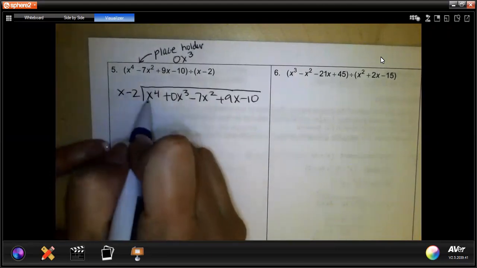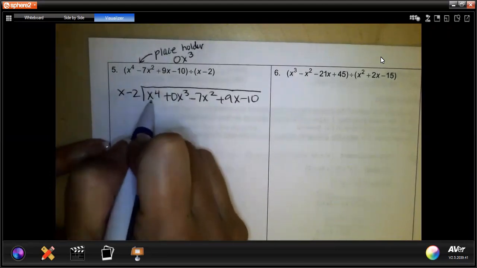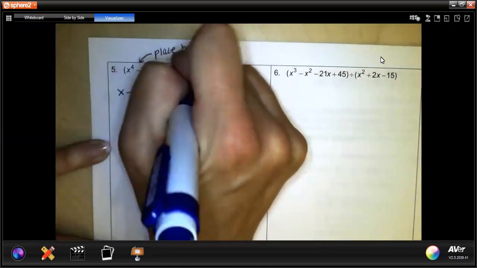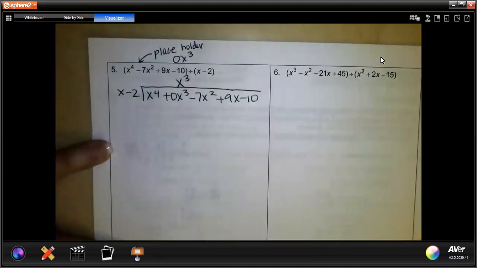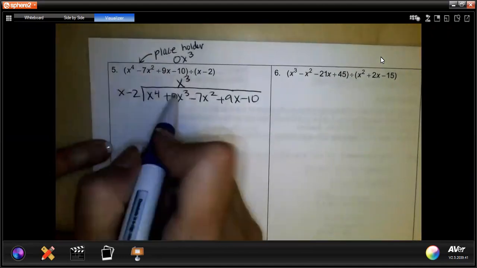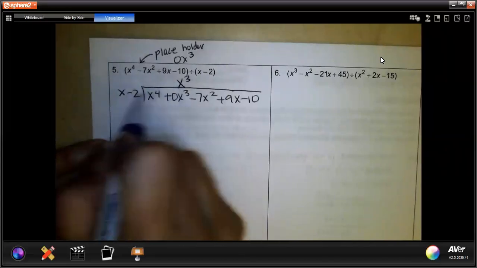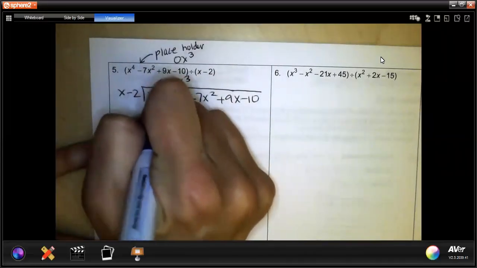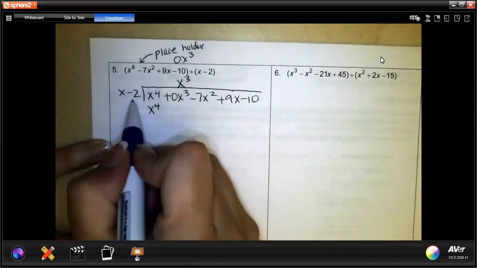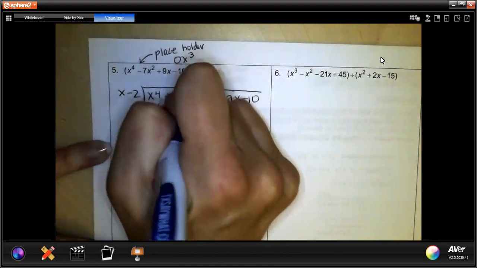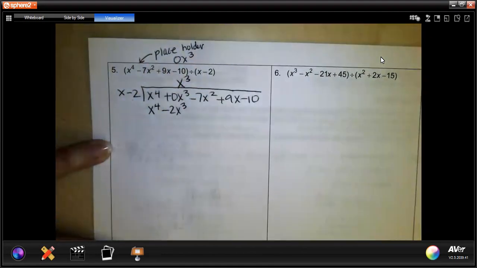All right, so we start from the first term here. We're going to divide x to the 4th divided by x, and that's x cubed. And now we multiply x cubed times x minus 2. So x cubed times x is x to the 4th, and x cubed times negative 2 is negative 2x cubed.